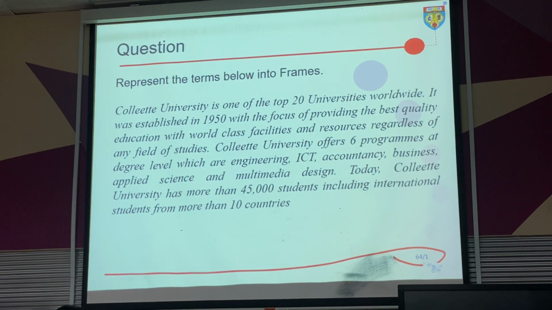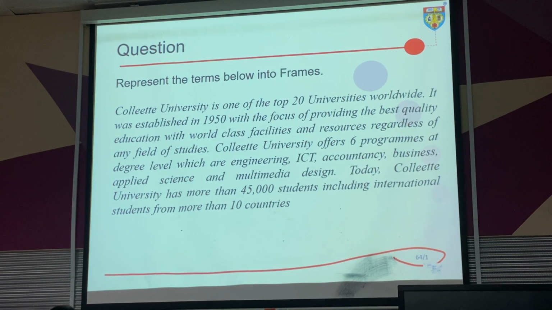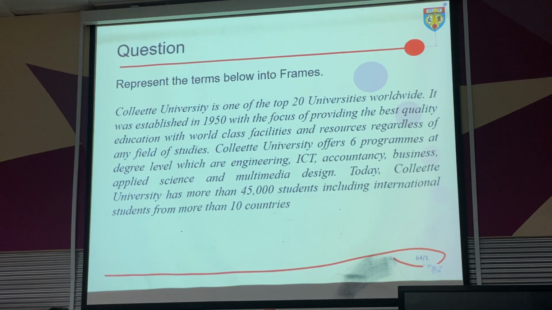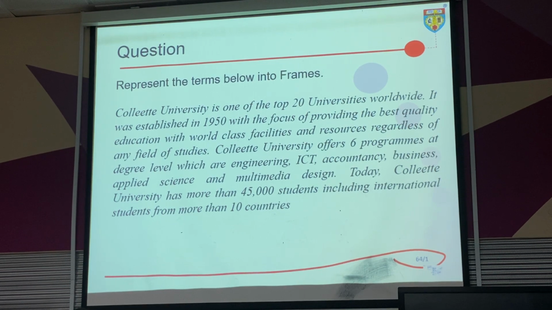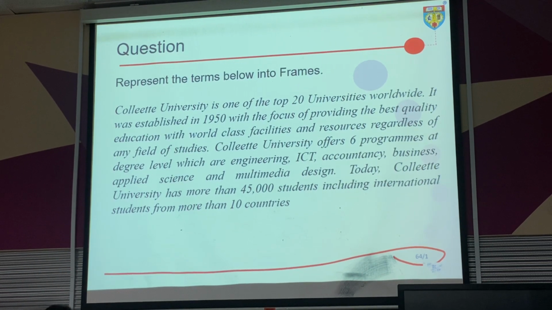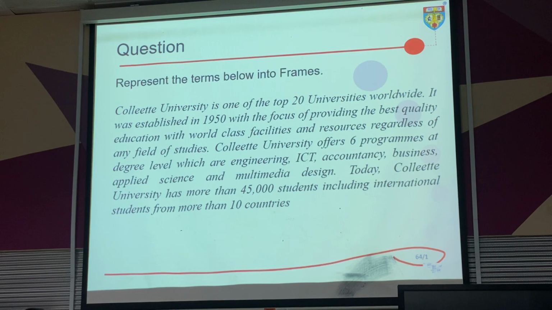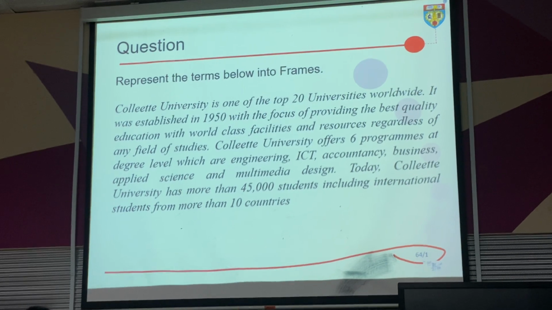It offers 6 programs at different degree levels, with more than 45,000 students from more than 10 countries, including international students, more than 10. Can you try using frames to represent this whole paragraph?